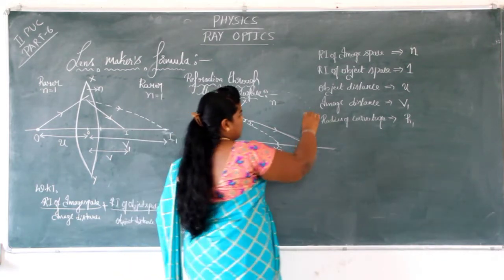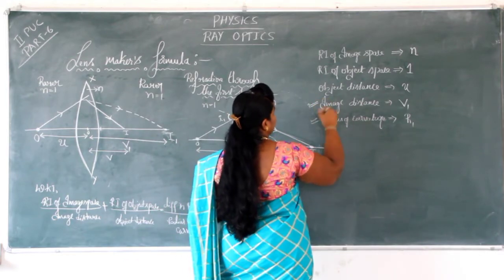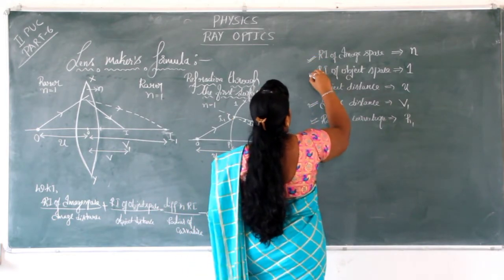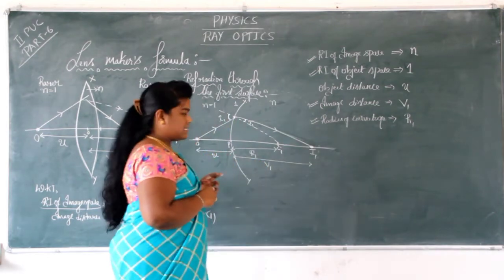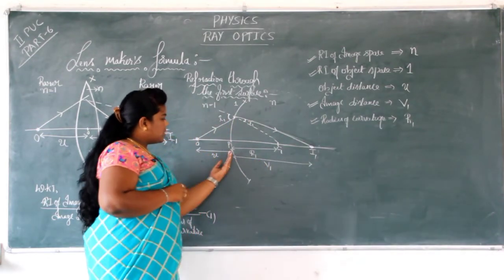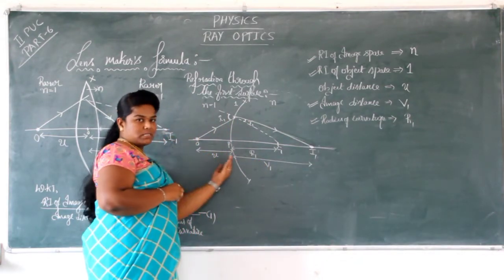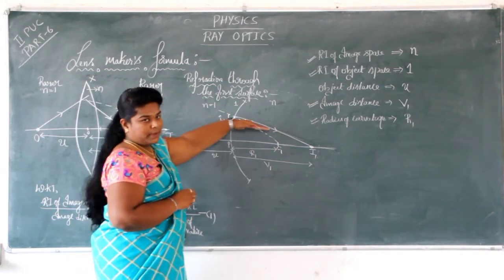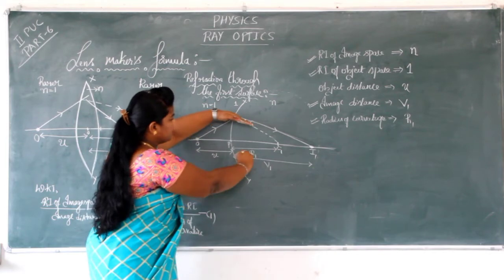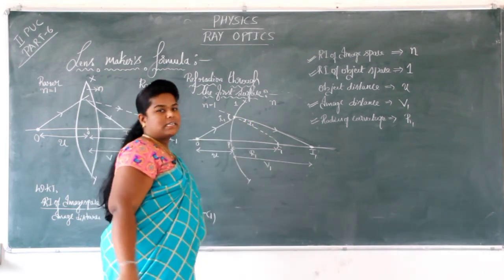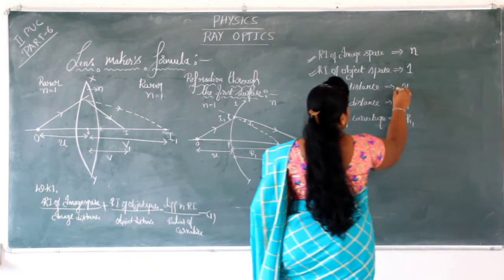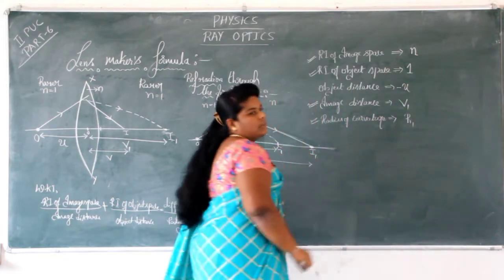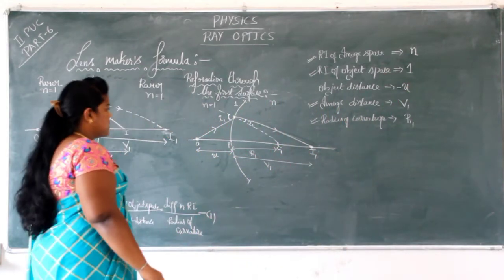There is no sign convention for refractive index, so we are not considering that. Then we are measuring the object distance opposite to the direction of the incident ray, which is towards the positive x-axis, so U becomes minus. Hope you got this?